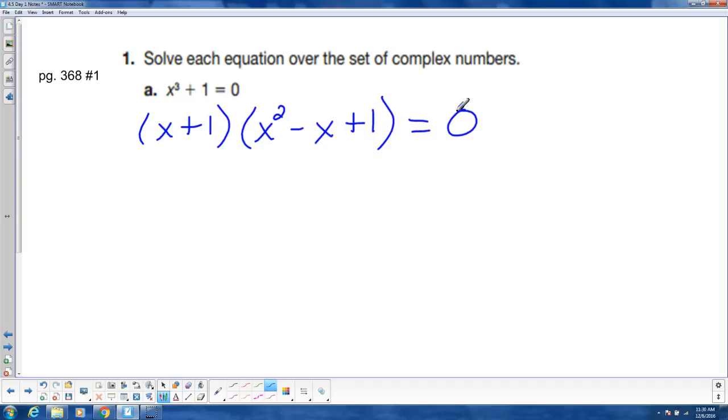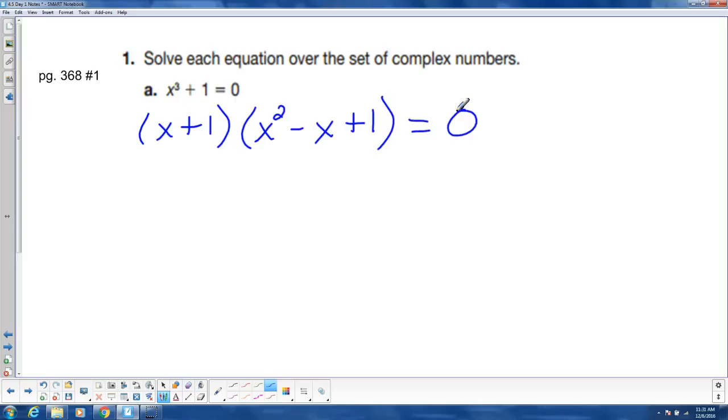Factorable, not factorable. Minus x plus 1. Factorable, not factorable. Give me another shot. No. Okay. Provided you did all of your GCFing first.